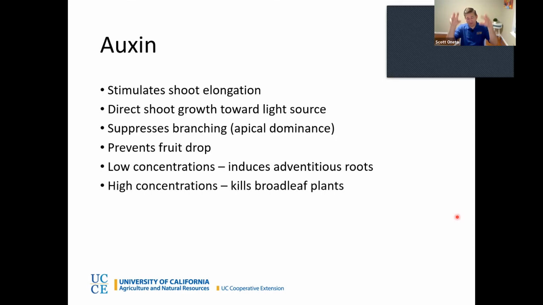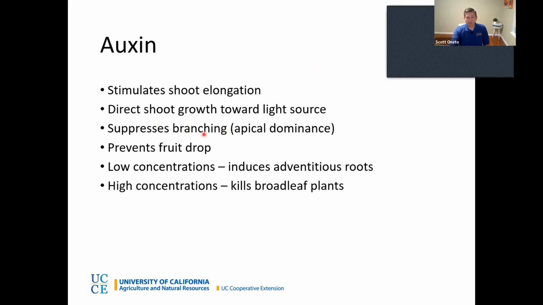And then it moves down the plant basically by gravity, by diffusion. So at the tip of a plant, we have lots of auxin. As we make our way down the plant, we get less auxin. And some of the things that auxin is responsible for is it directs shoots towards light. So if you've ever seen a plant in a window and it's leaning towards that light source, auxin plays a part of that. It also is responsible for what we call apical dominance, or suppressing lateral branches.